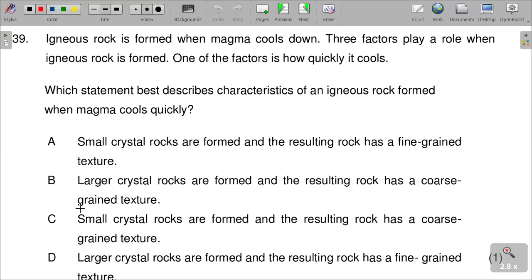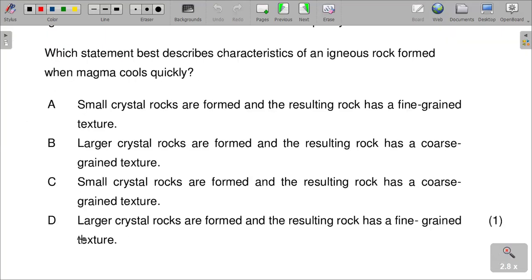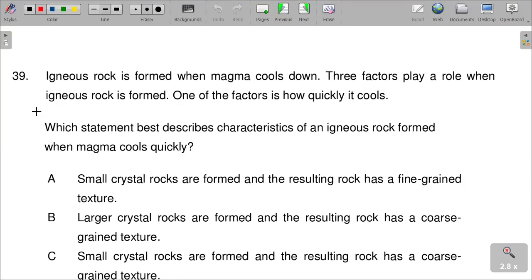So we are saying it is small crystal rocks, because we are talking about the fine magma that is cooling there. So small crystal rocks are formed and the resulting rock has a fine-grained texture.